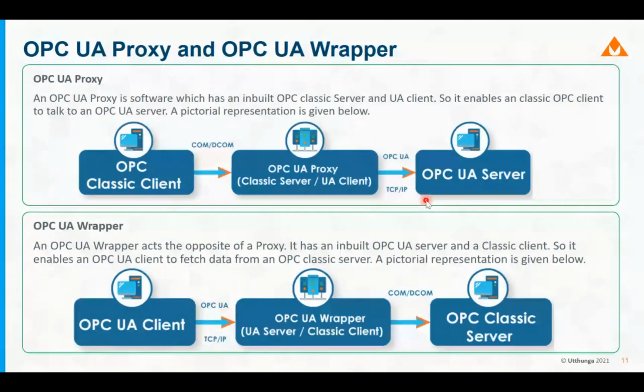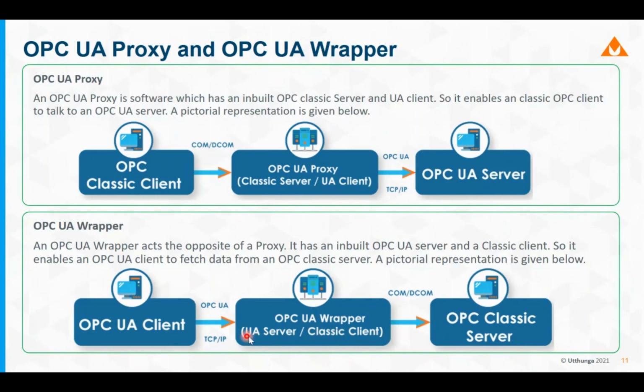And what is OPC UA Wrapper? Now, OPC UA Wrapper does the opposite. Suppose you have an OPC UA client running on TCP/IP, and you want to convert the data and connect to an OPC Classic server. Then what you need is a wrapper. A wrapper is nothing but a component which has a UA server and a Classic client built in.